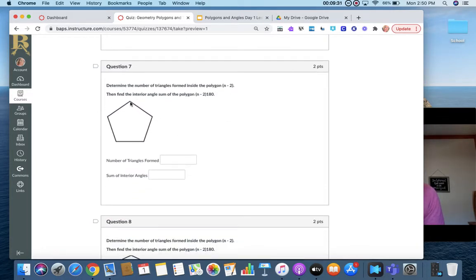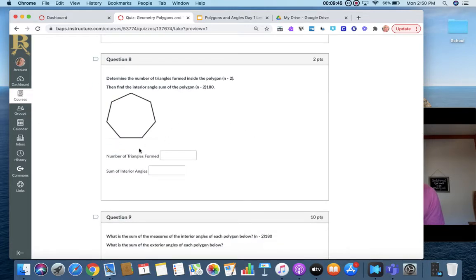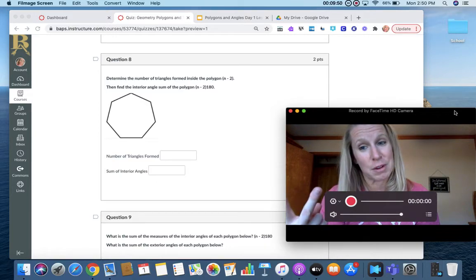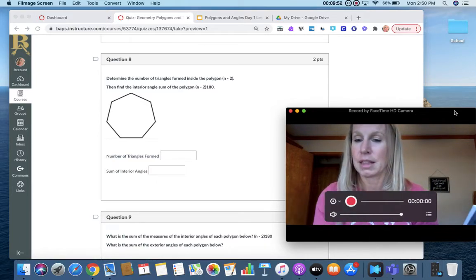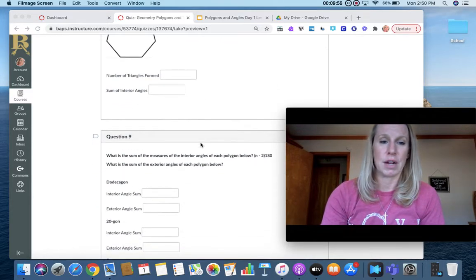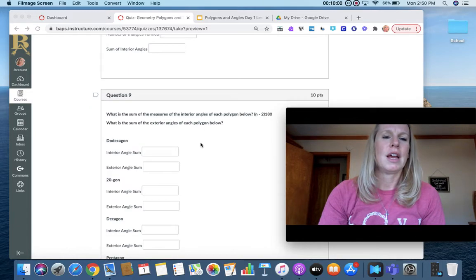How many sides? 1, 2, 3, 4, 5 sides. 5 minus 2 is 3. 3 times 180 is 540. So count the number of sides minus 2, that's your number of triangles, and then multiply that times 180, okay? So you'll have to do that for number 8. I just gave you one of those to do. You can do that. Okay.